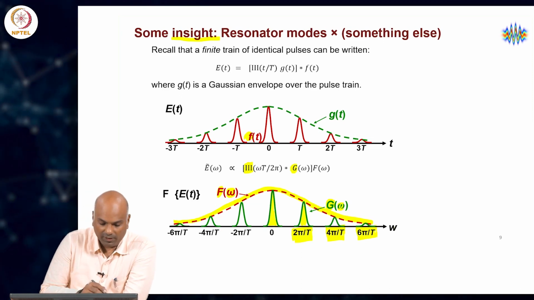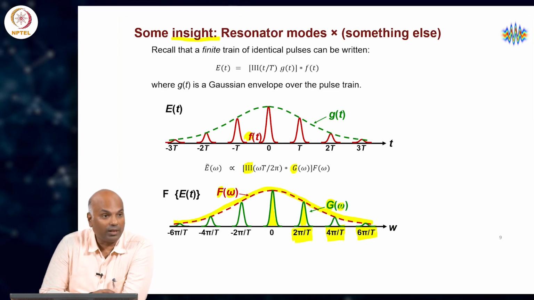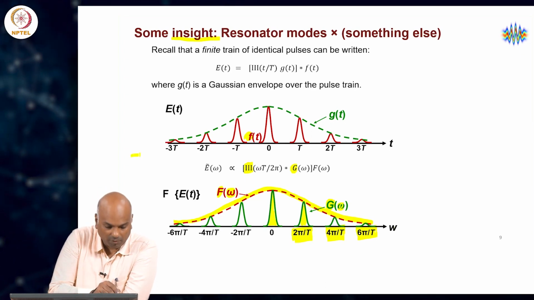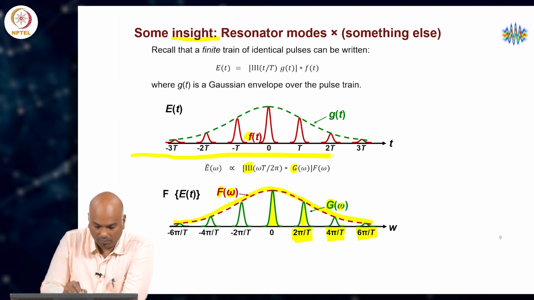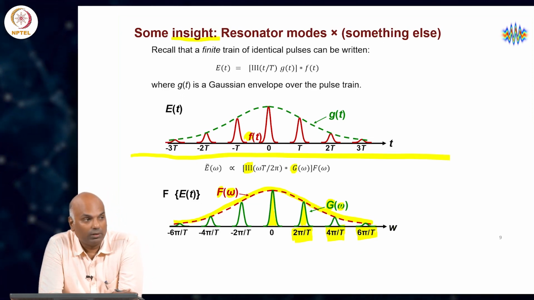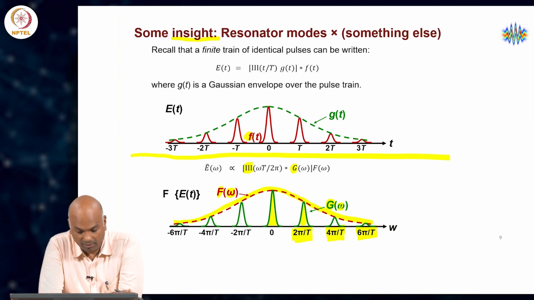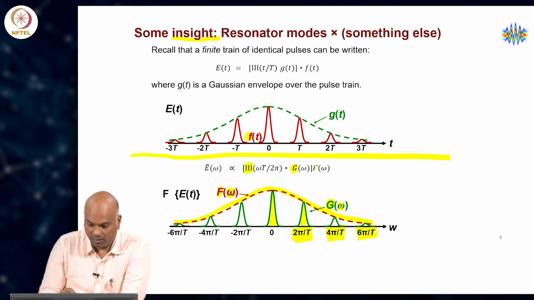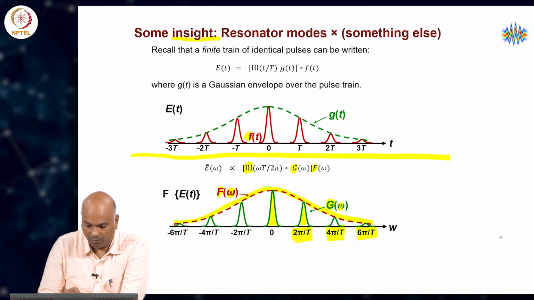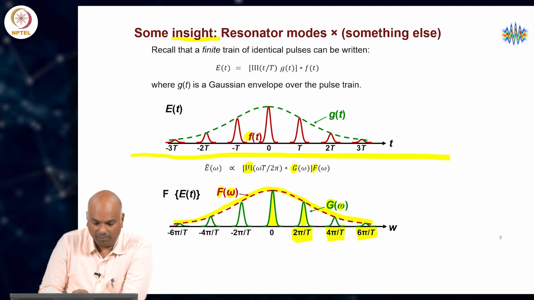We said, okay, if the electric field inside the cavity has this functional form, that is at the bottom of this view graph, then these three functions which we have here, capital F, the spectral envelope, the line shape and the periodicity, right.